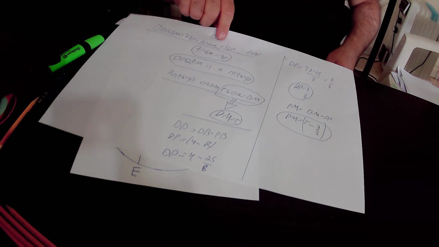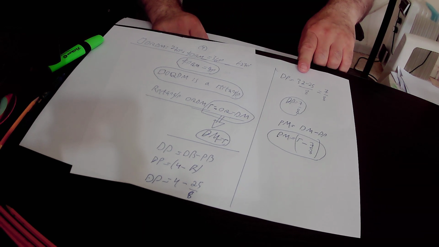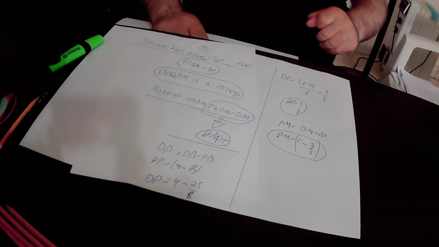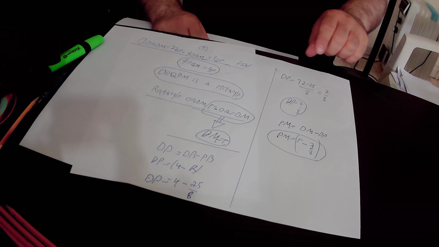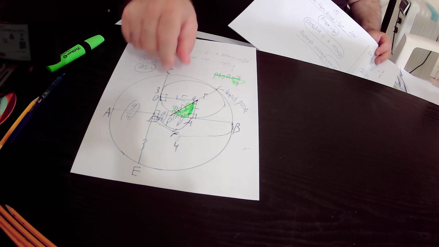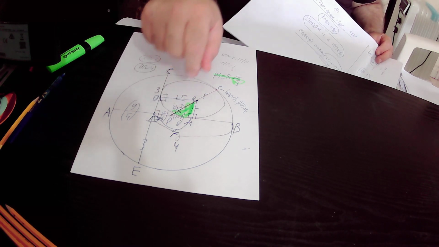We found that DP equals 4 times 8, which is 32, minus 25, which is 7. So in conclusion, DP equals 7/8. The length of this small line segment DP equals 7/8.